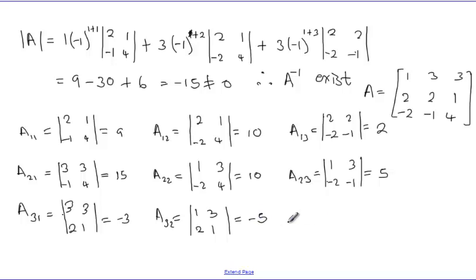Good. Then A33. What are we going to give them? 1, 3, 2, 2. Then that is what? Minus 4. Okay.